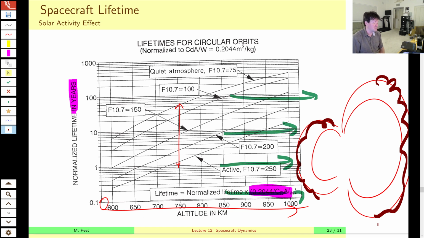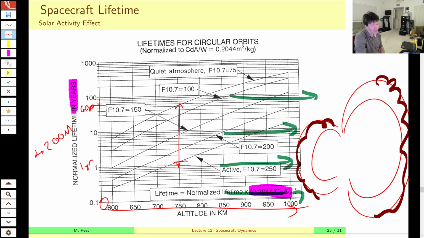And so we do get some drag, and so then we have these lifetimes even out to 750 kilometers where you only survive a year. Whereas normally in a solar min you'd survive 60 years. So almost 2 orders of magnitude change in lifetime.